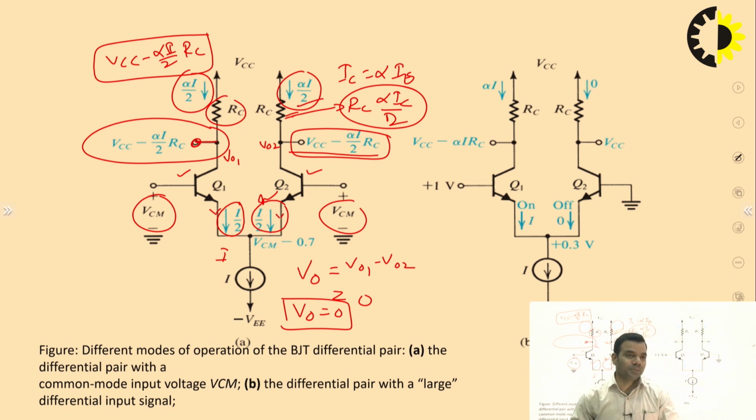So how it can be amplifier? Actually, we have not analyzed fully. We have considered particular case, that is common mode operation. In case of common mode operation, yes, it will provide output equal to 0 even if we are applying input.